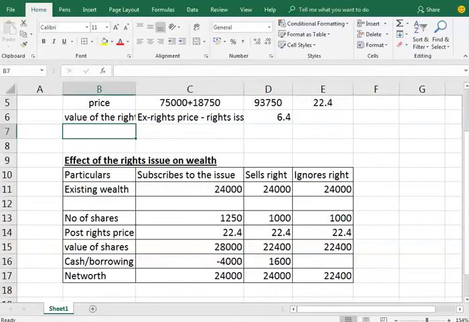You can then finally write a conclusion saying that net worth will fall if the investor does not subscribe, or if the investor ignores the rights issue. If you ignore the rights issue, your wealth will come down. You sell it or subscribe it, anything is fine.